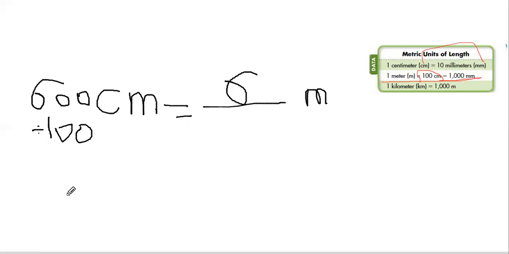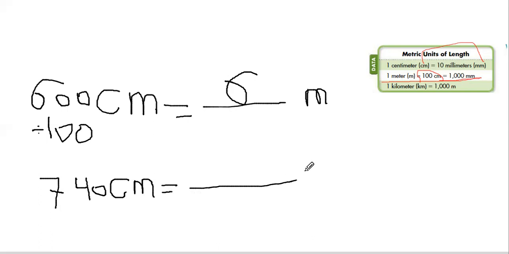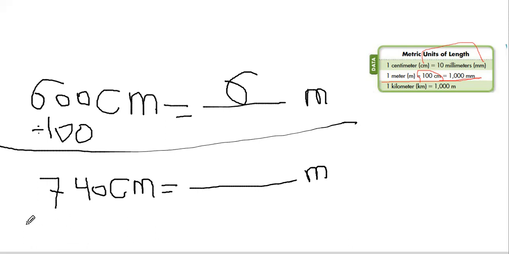Wait. What if we said 740 as an example, 740 centimeters equals how many meters? Okay, we agreed that we will divide by 100. Okay, that's great. 740 over 100.